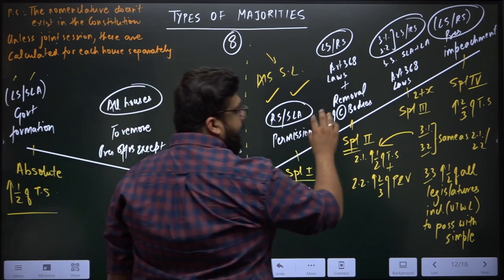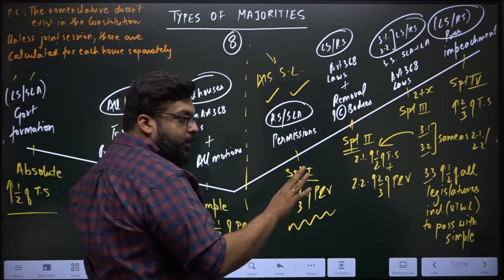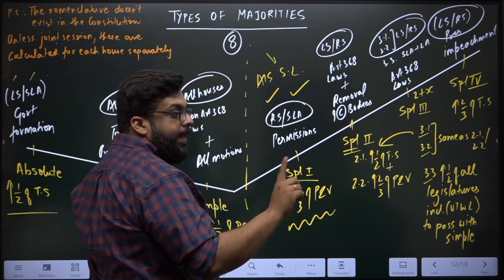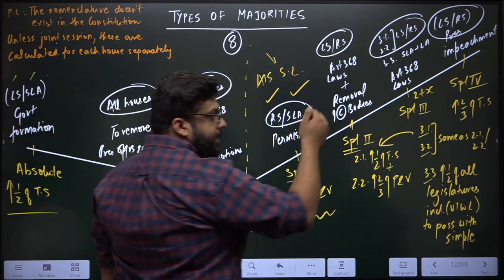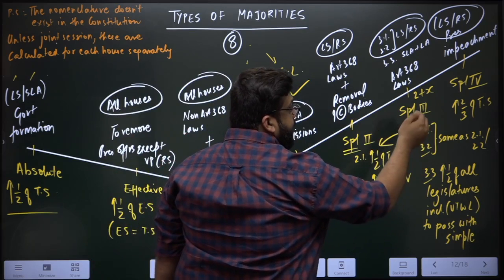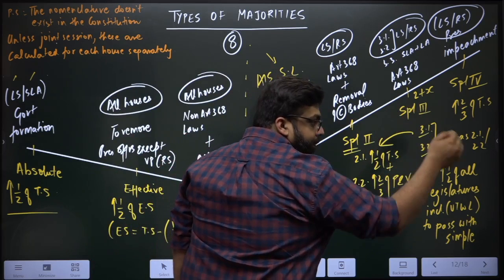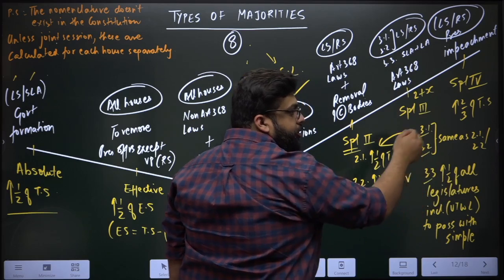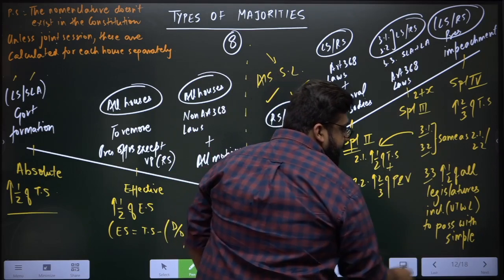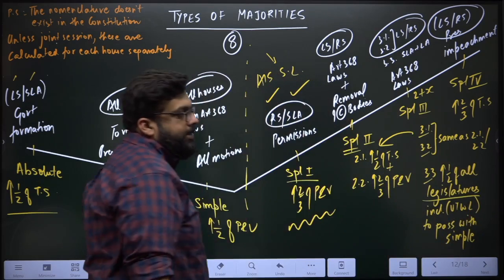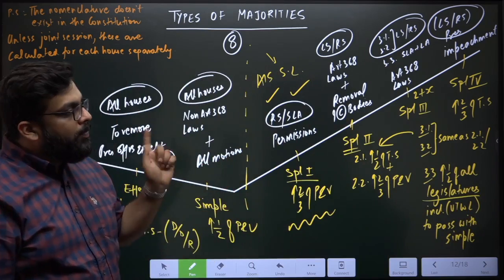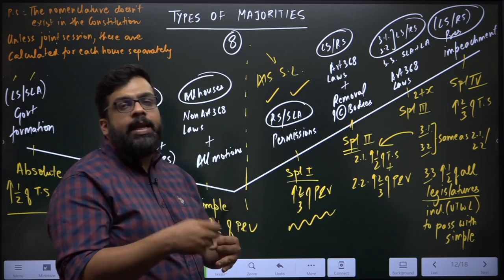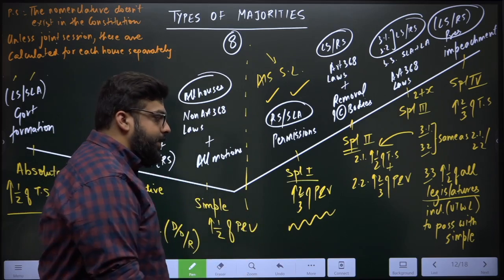Once the Lok Sabha and the Rajya Sabha have independently voted, there is no joint session for any of these things. After that has been done, in special majority 3, then the proposal law, the constitutional amendment bill, is sent to all the regional legislatures, which include state legislatures and union territories with legislatures. So Delhi, Pondicherry and J&K when it has a legislature.